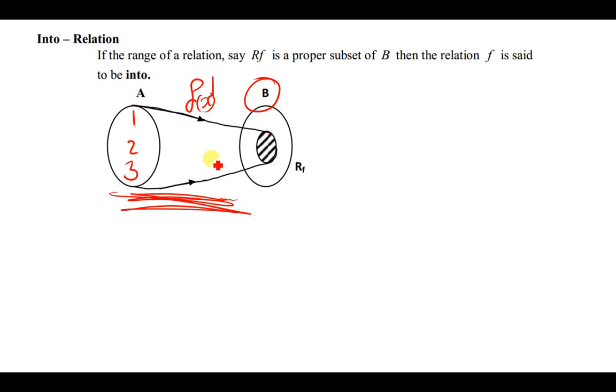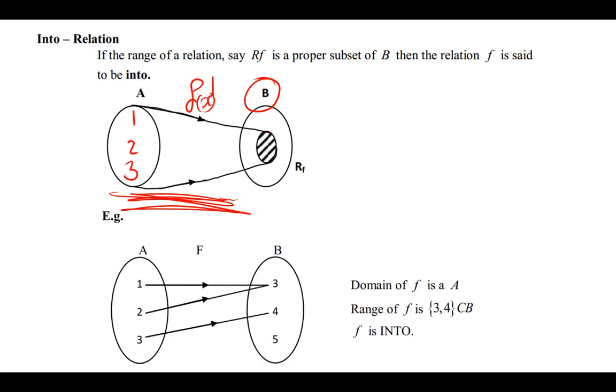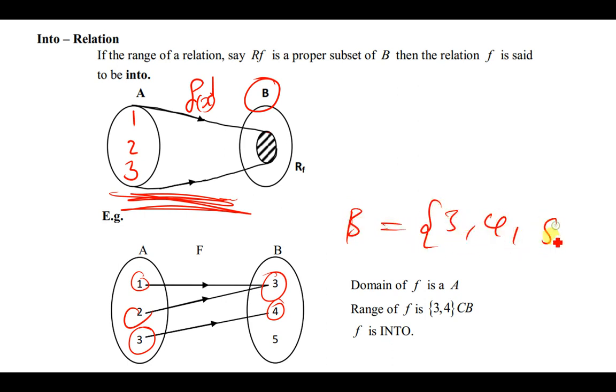We're going to look at some examples so you understand better. We also have what is known as an onto function. First, on the into function, there's this example where 1 and 2 are mapped onto 3, and 3 is mapped onto 4. Set B is equal to 3, 4, and 5.